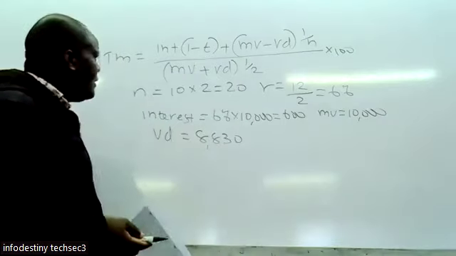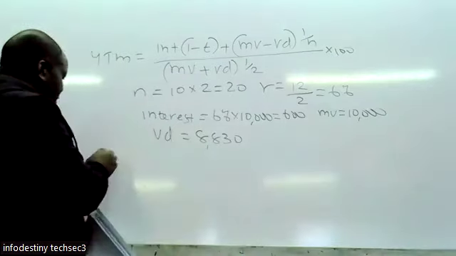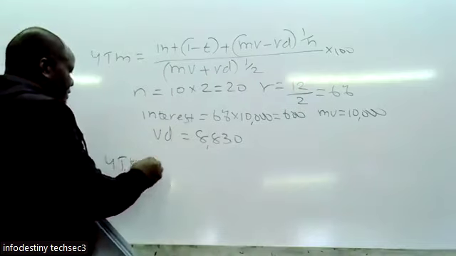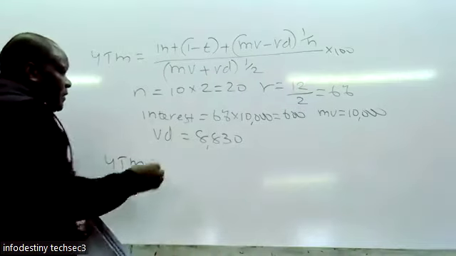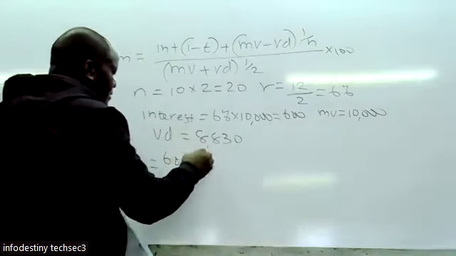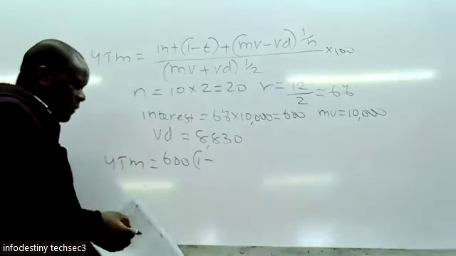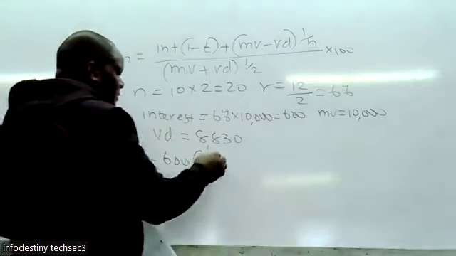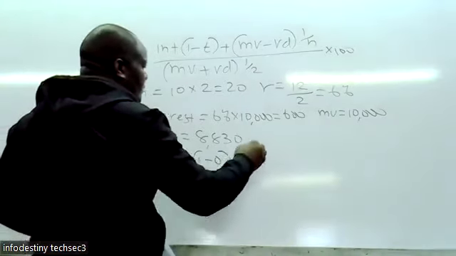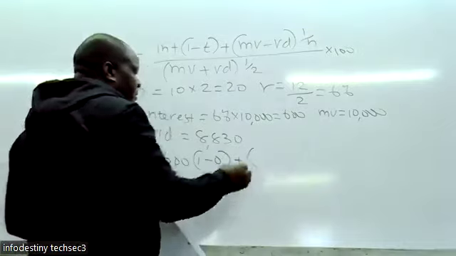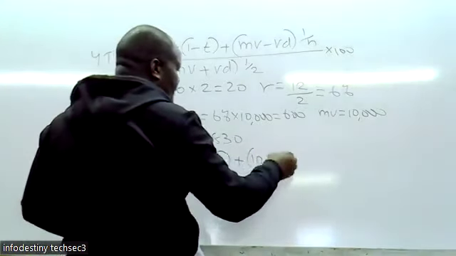Now we can calculate the yield to maturity. Interest is 600. Corporate tax rate was not given, so we assume it is 0. So maturity value is the same as the par value.